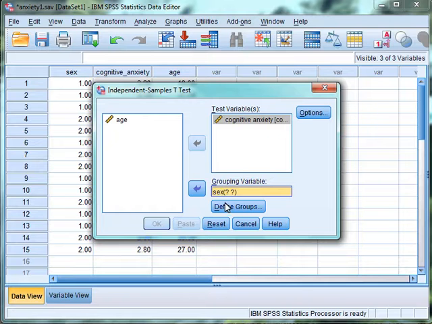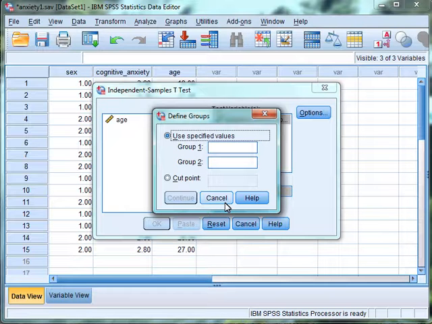We then need to define the groups, so tell SPSS which groups we would like to analyse the data from. In our example, we only have 2 groups, but there may be times where you have more than 2 groups, yet you only want to look at differences between 2 of them. And when defining the groups, we need to use the same numbers that we used when coding or labelling our gender groups.